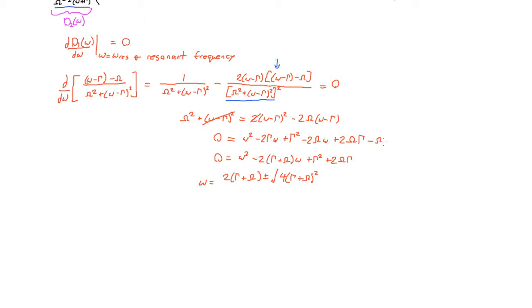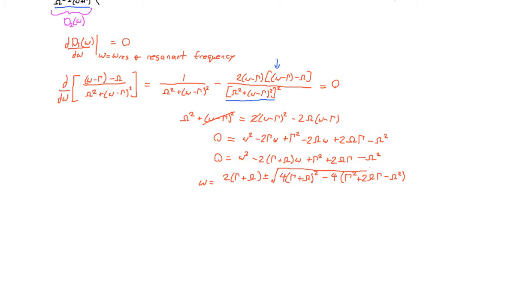So minus omega squared minus omega squared. Okay. So now what we should get is, okay, so we have b, and then b squared here, minus 4, and then a is 1, and then we need c, which is gamma squared plus 2 omega gamma, and then we'll have minus big omega squared.